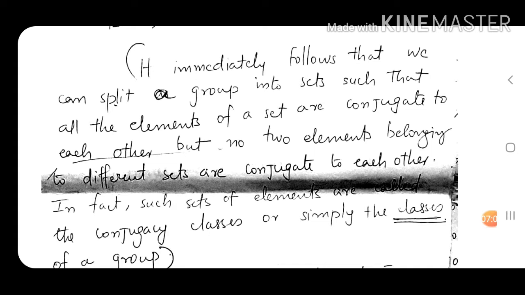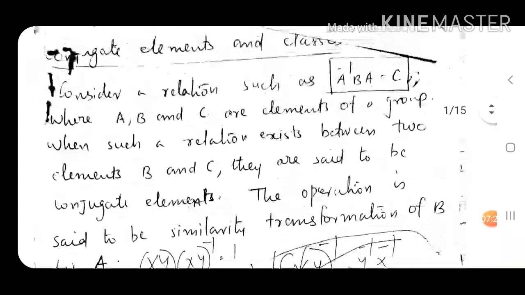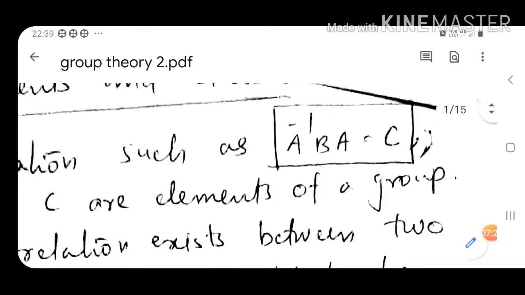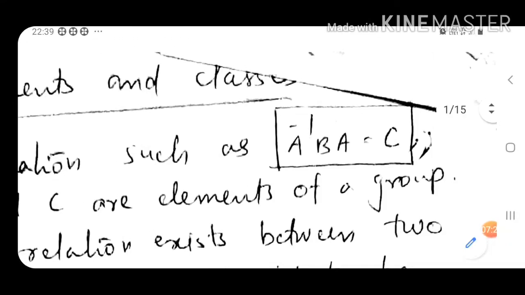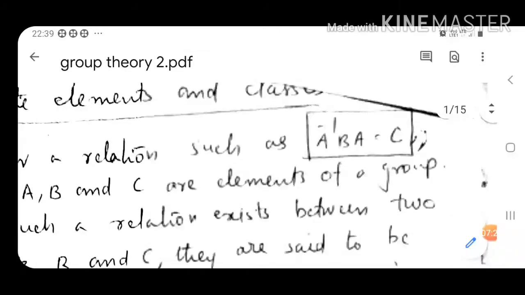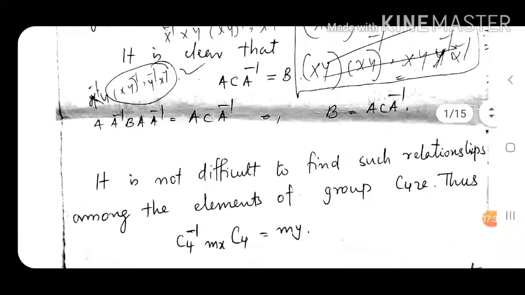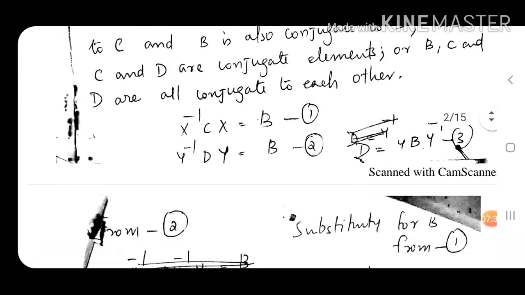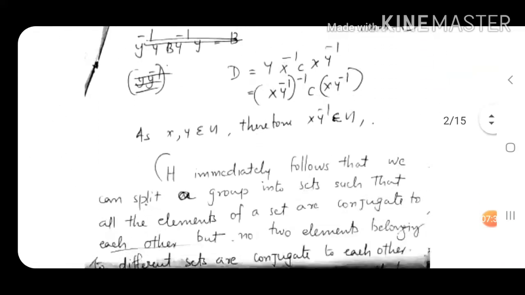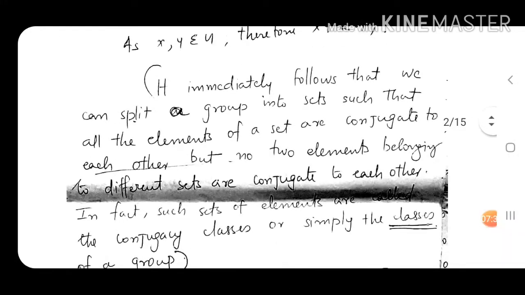So we have a group with us, and what we try to do is find conjugate elements. How do you find conjugate elements? We have this equation, A inverse BA equal to C, then B and C are conjugate elements. That way we try to find conjugate elements of an element.